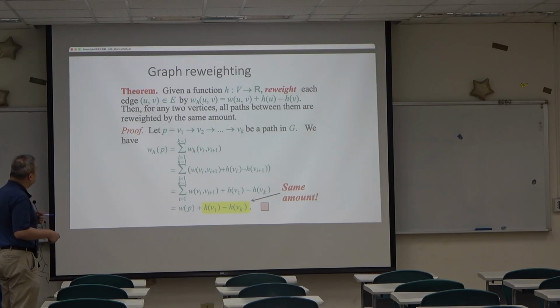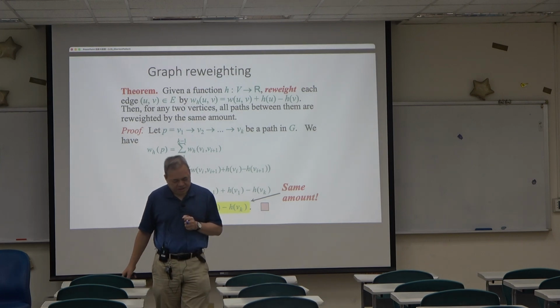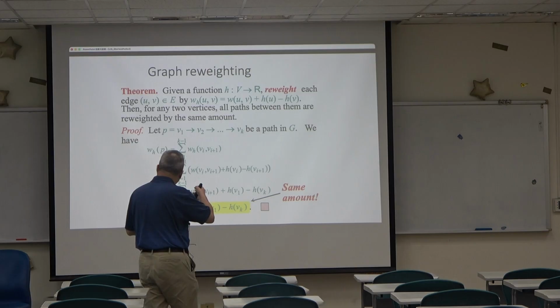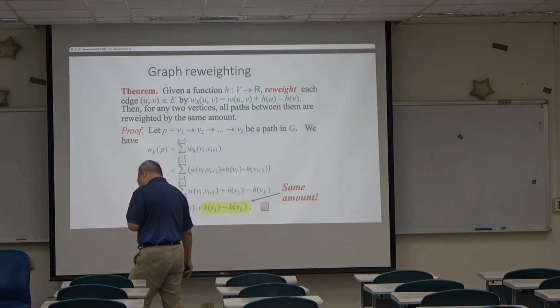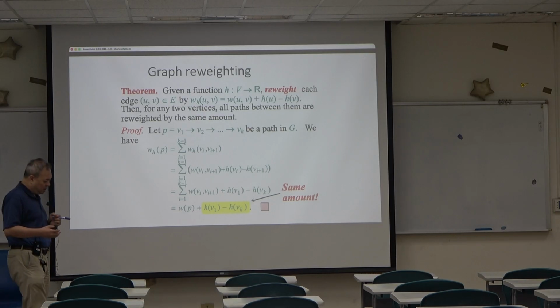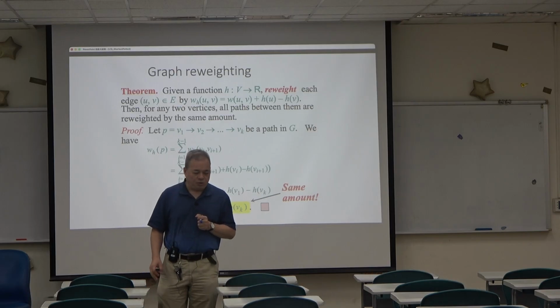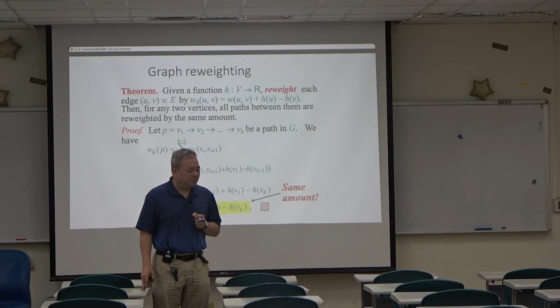Okay, back to the material. If you assign a value to each node, and we weight each edge like this, then the shortest path you obtain after you reweight the edges will be the shortest path in the original graph, and vice versa.